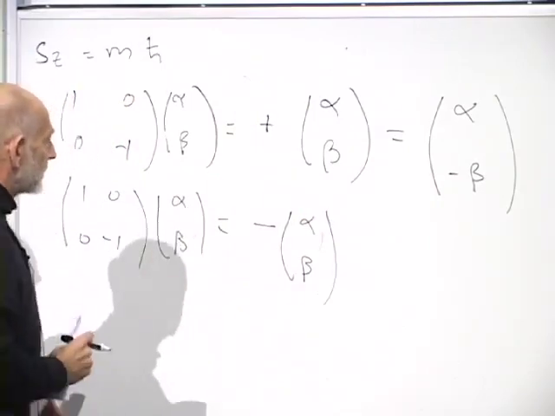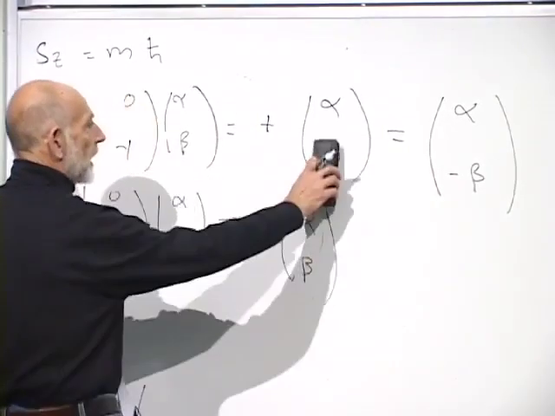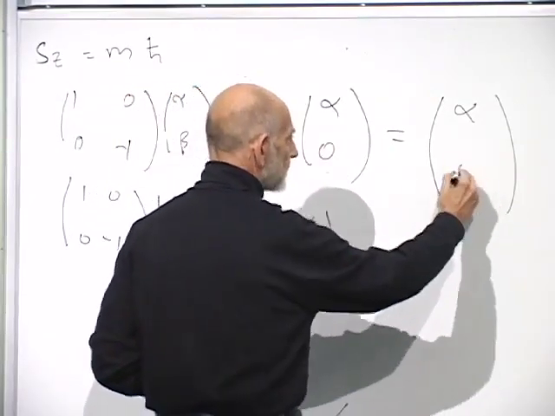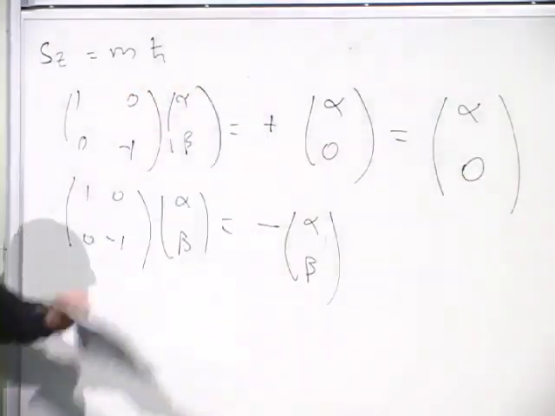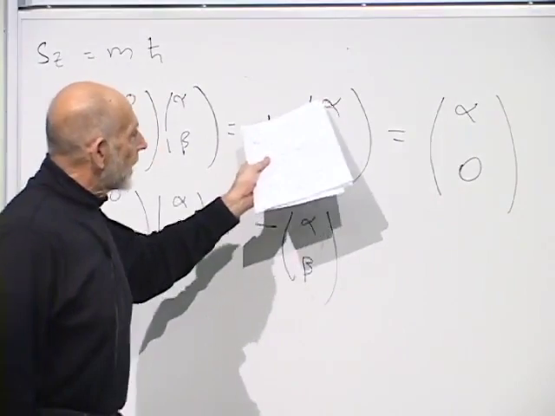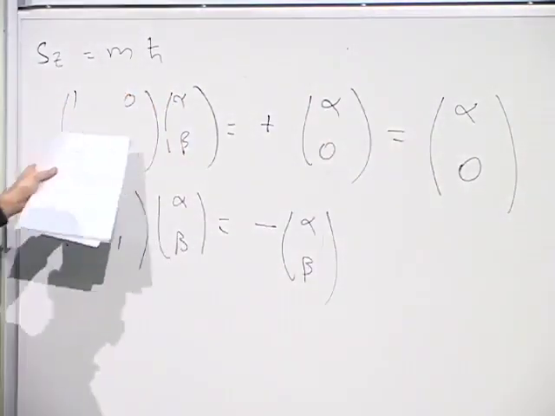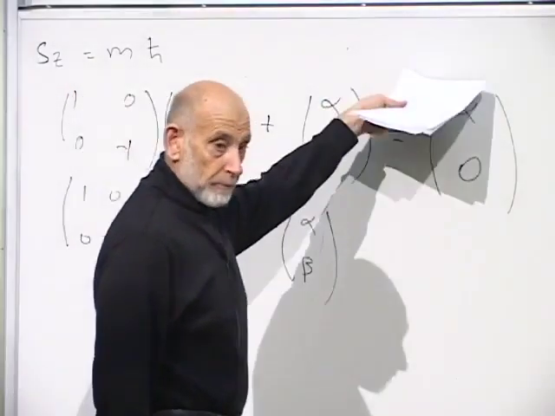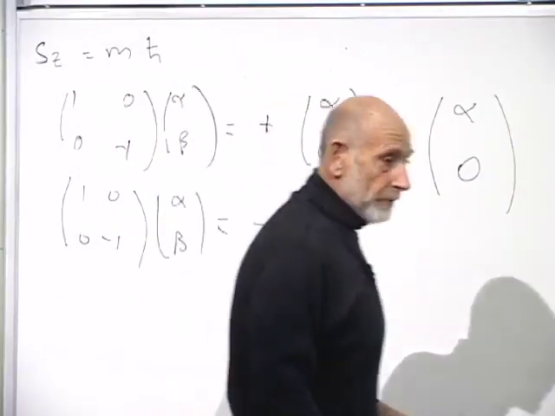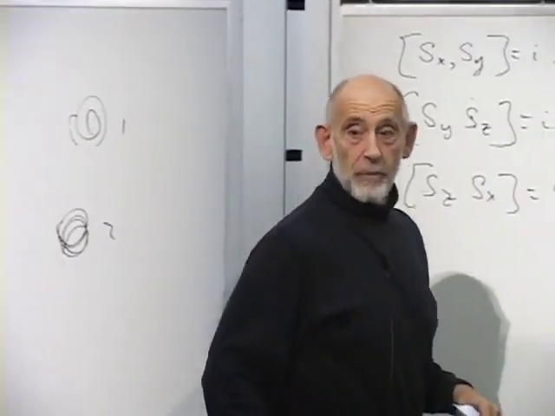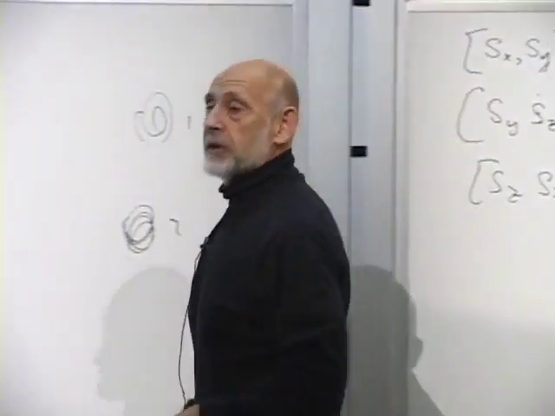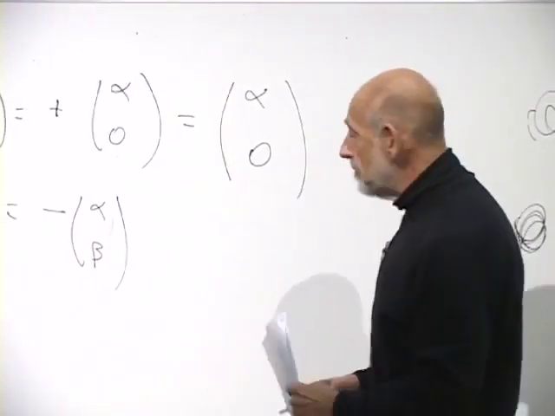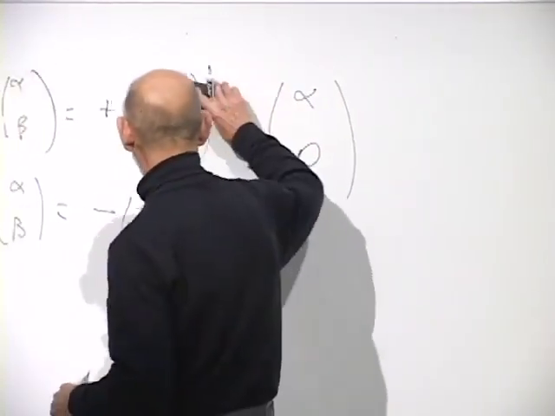If beta is 0, then we've found a solution to the eigenvector problem, which corresponds to an eigenvalue plus 1, and surprise, surprise, it corresponds to a vector which only has an entry in the upper place. The upper place stood for spin up. What shall I choose alpha to be? I can choose it to be 1. Why 1? Because I want the sums of the probabilities to be 1. So alpha star alpha plus beta star beta should be 1, and a convenient choice is just to choose alpha equal to 1.